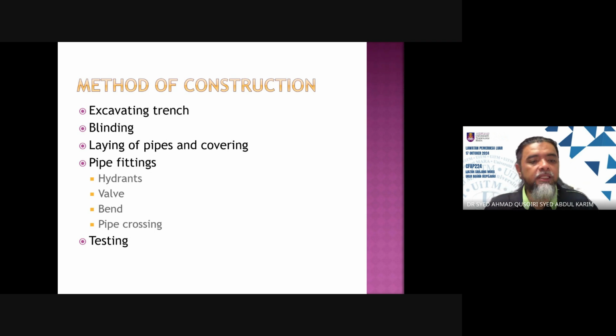So for pipe fittings, we have hydrants, valves, bends, and pipe housing. These are installed depending on whether you need to change the direction of the pipe, change the elevation, or cross certain obstructions. So then we need this type of fittings.